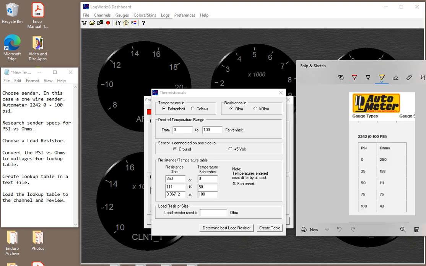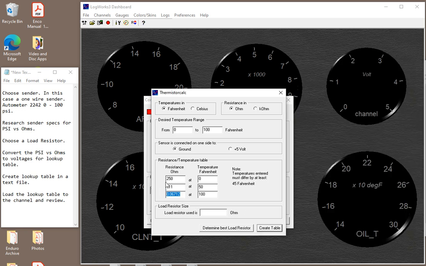And at 100 psi we have 43 ohms, so 43. We want to determine the best load resistor for this range of the scale of the gauge and the resistance involved. So determine best load resistor, and it comes up with 110. Again, I can use 100 ohm, that's close enough, and it'll be good.